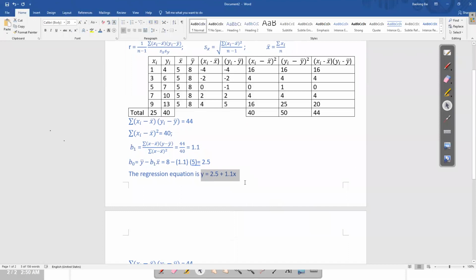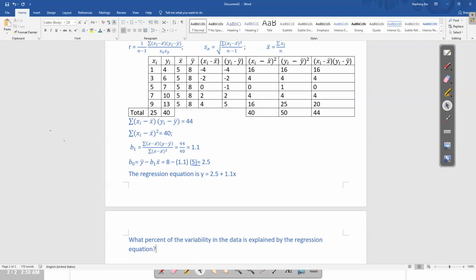So once you find a regression equation, people will ask you what percent of the variability in the data is explained by the regression equation. What they're looking for is the coefficient of determination, R squared.